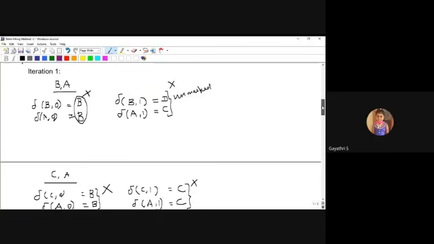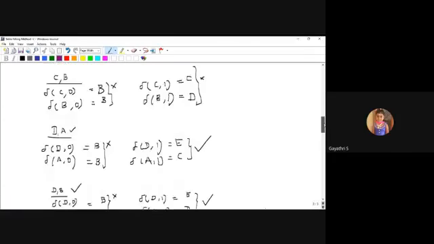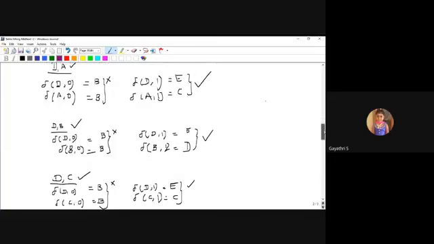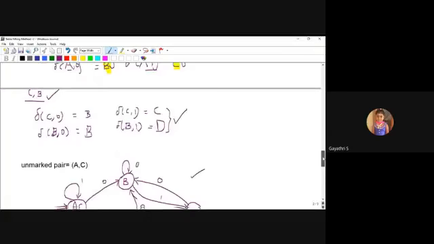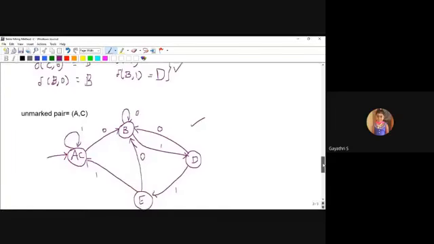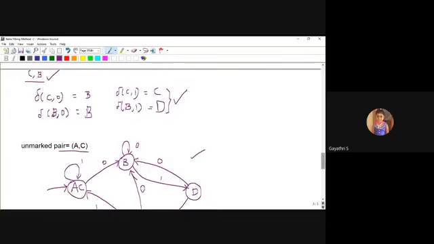Step three is the iterative step. For this problem, we stop at iteration number 2. After iteration number 2, only one pair is left over, AC, so I combine AC as a single state. This is the table filling method.